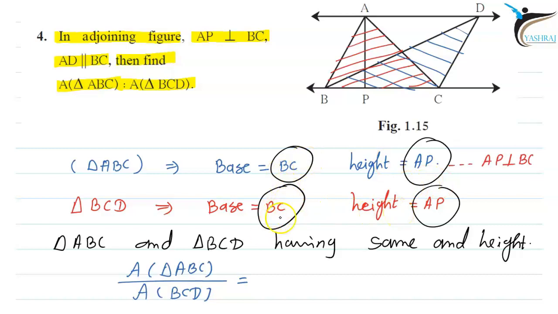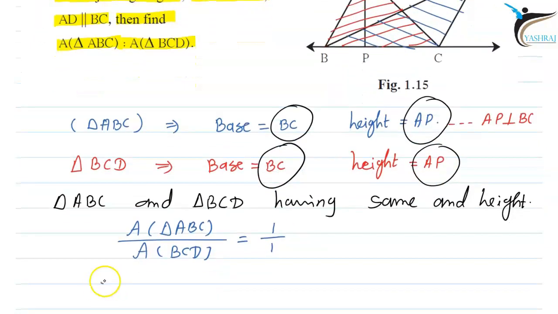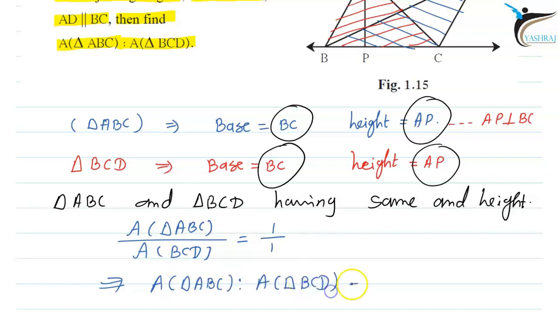That means BC in numerator and denominator and AP in numerator and denominator get cancelled, so we remain with 1/1. That means the area of triangle ABC to the area of triangle BCD is 1:1.